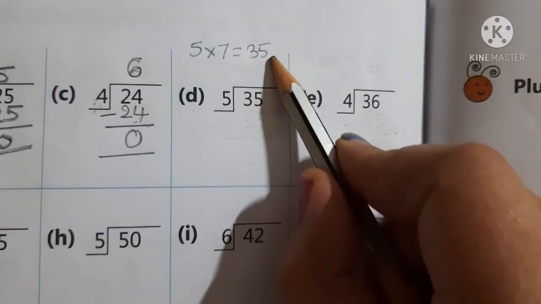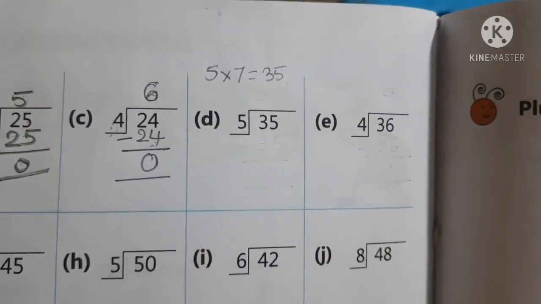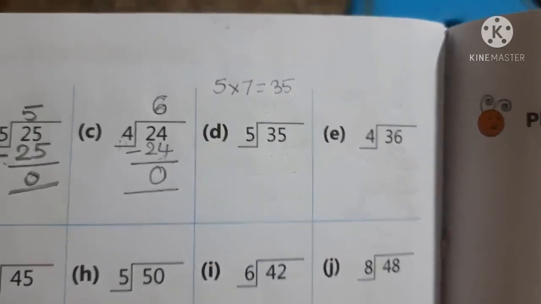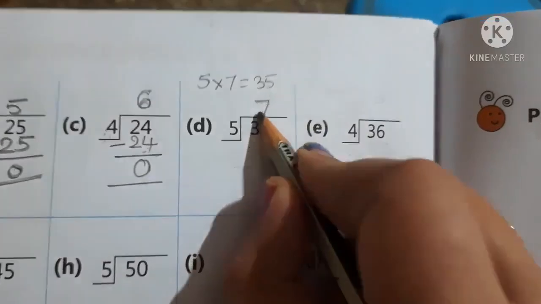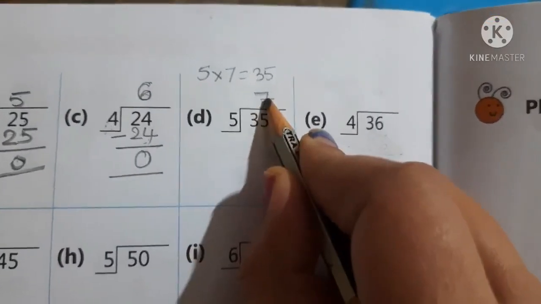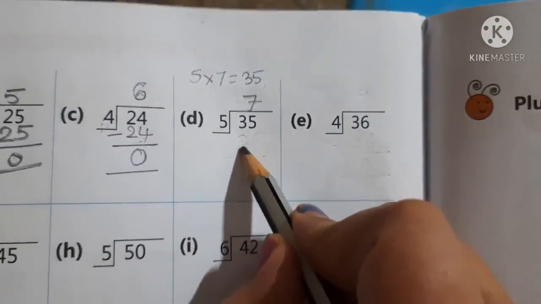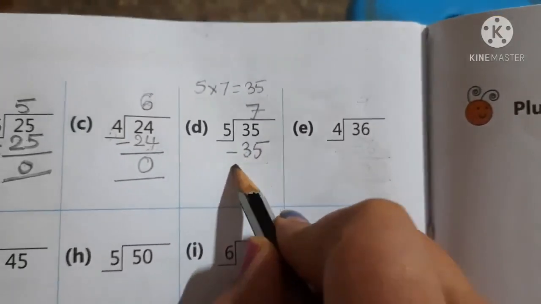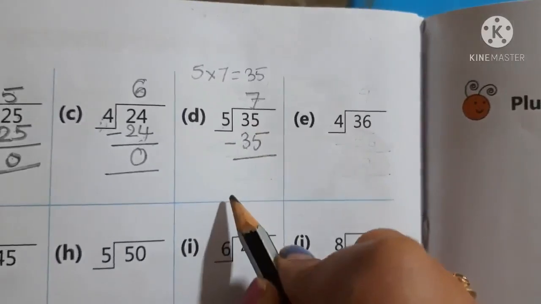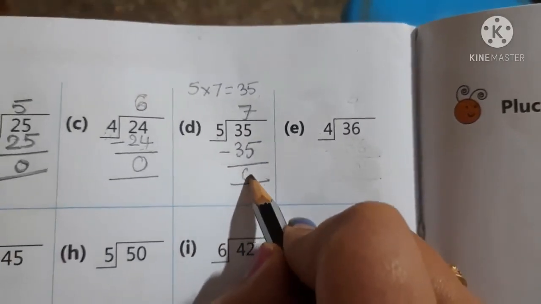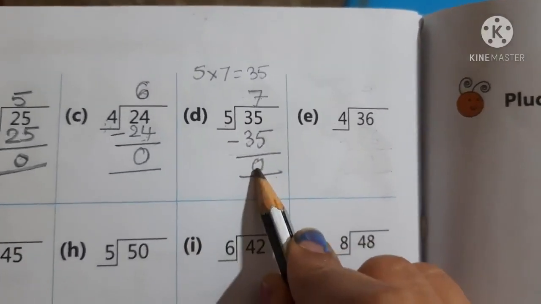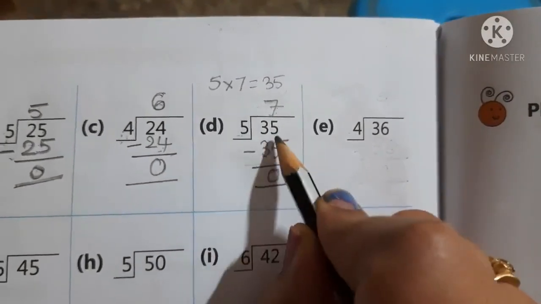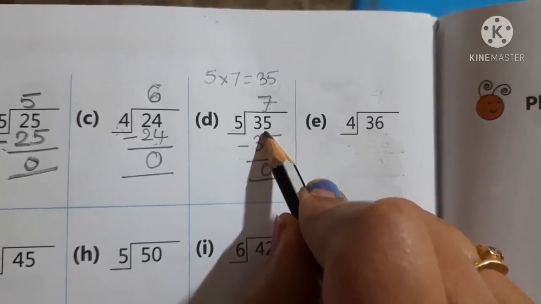So 35 is the dividend, 5 is the divisor, and here 7 is the quotient. 5 times 7 is 35. Now subtract 35 from 35. We get 0. So 0 is the remainder, 7 is the quotient, 5 is the divisor, 35 is the dividend.